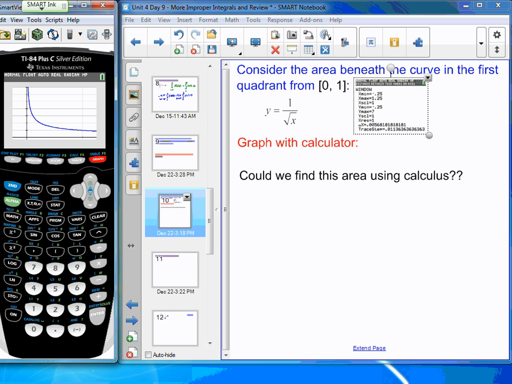And yet, again, our tool will be a limit. And so we're going to rewrite this improper integral using limits and see if we can evaluate the improper integral algebraically and exactly, and see if this is a finite area even though that function continues to grow. We saw the rate at which my function values got towards the x-axis determined last class whether or not we had convergence or divergence.